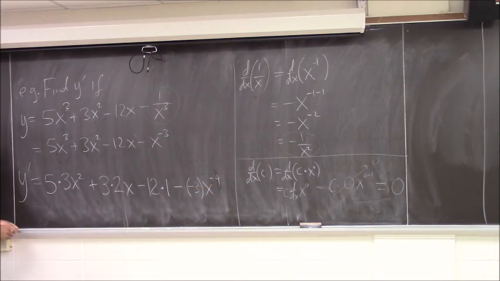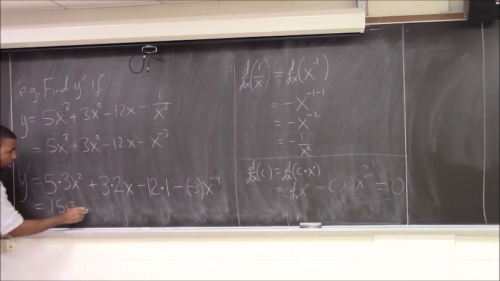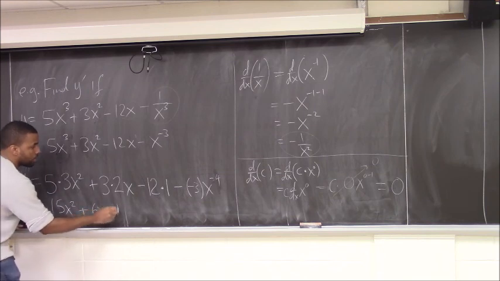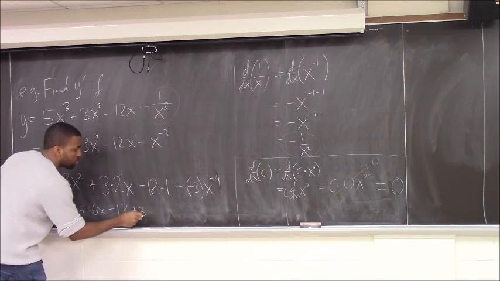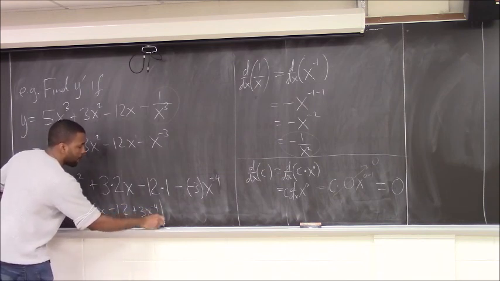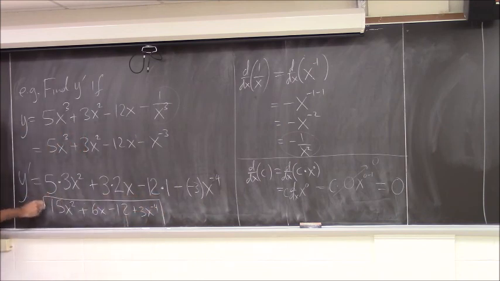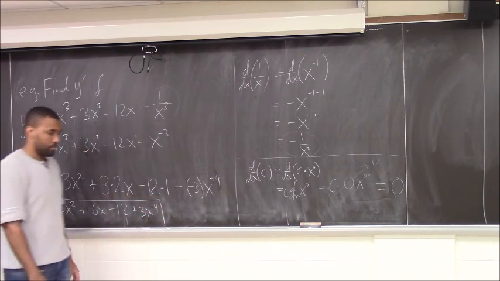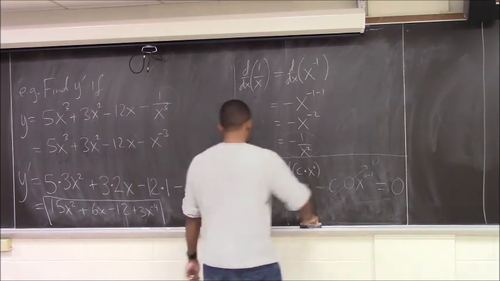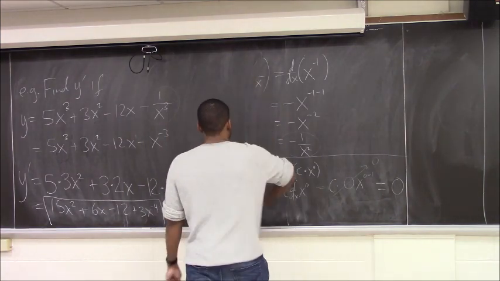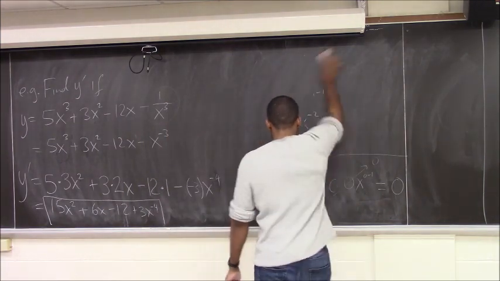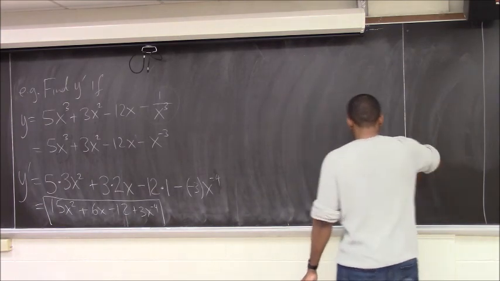Of course, we can rewrite this a little nicer just by multiplying these numbers: 15x squared plus 6x minus 12 plus 3x to the minus 4. That's the derivative.